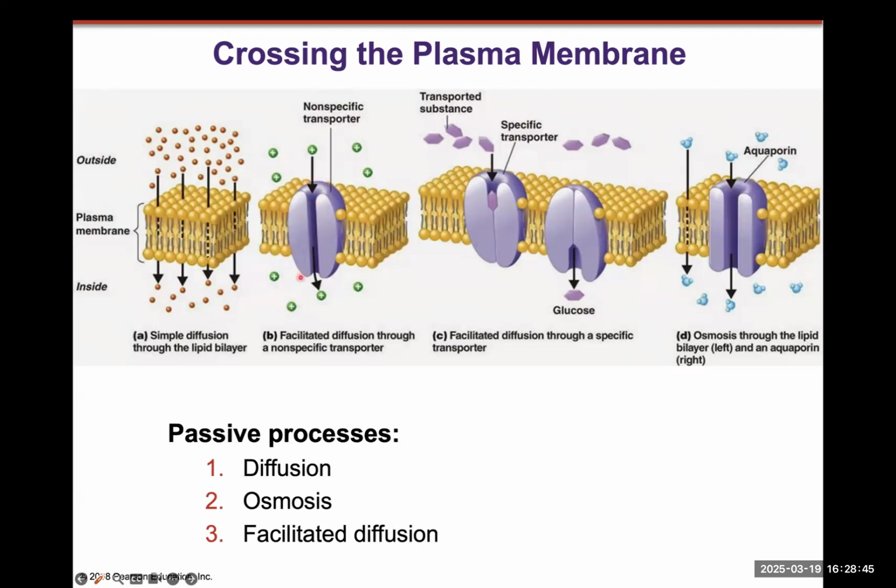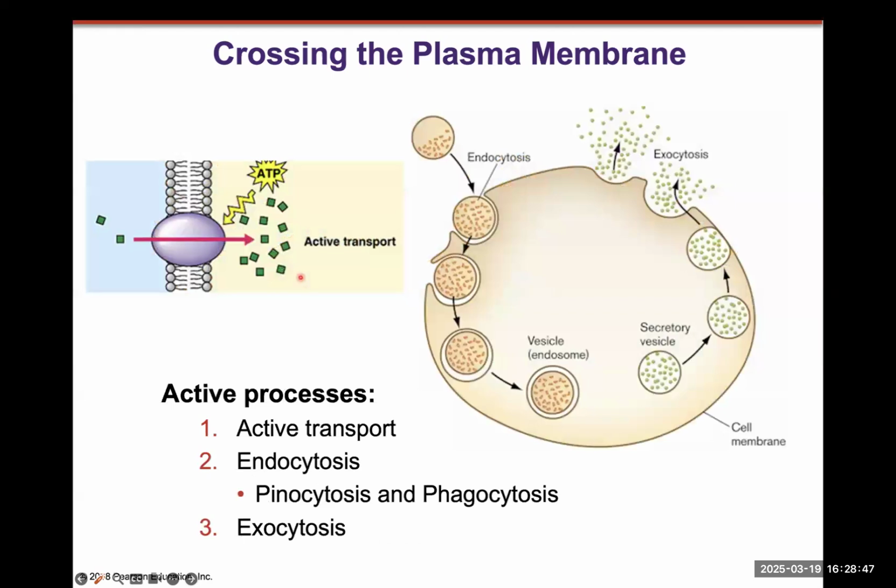So that's passive processes. Then we have active processes. The word active means it's going to require energy, or ATP, which is the energy currency.